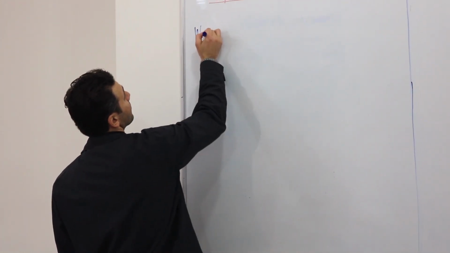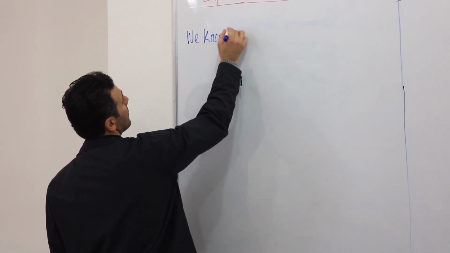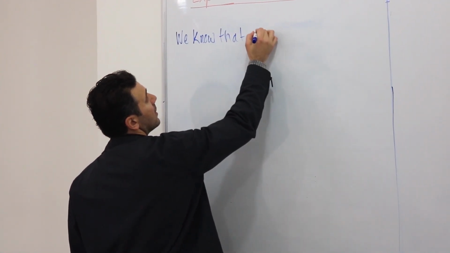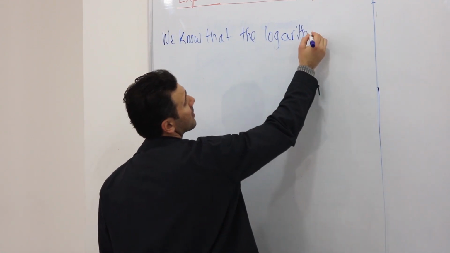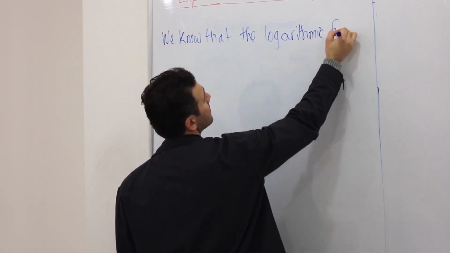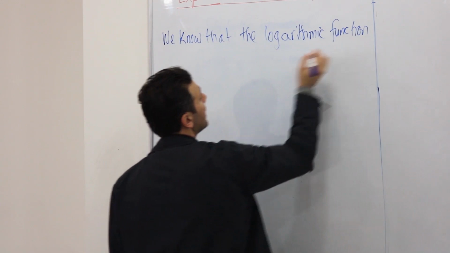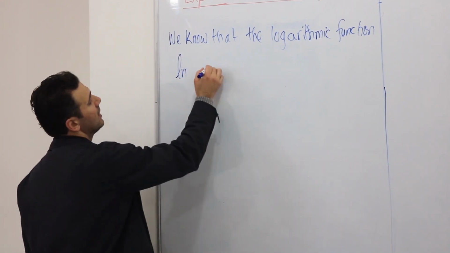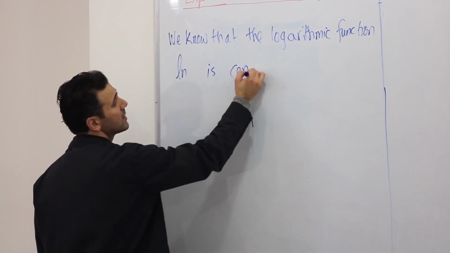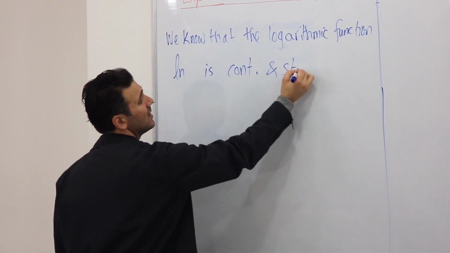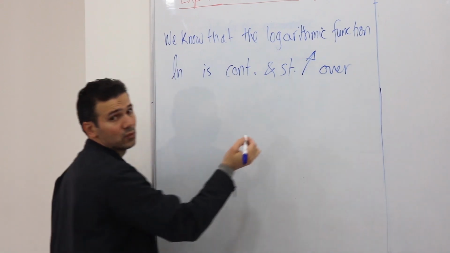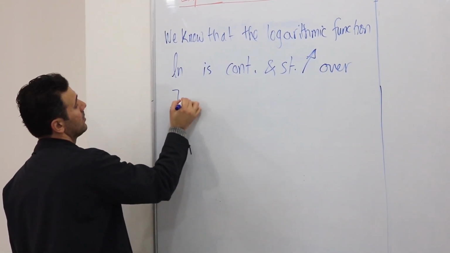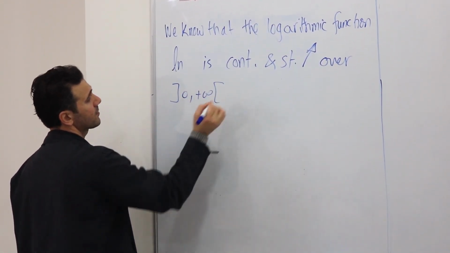We know that the logarithmic function, the Napierian logarithmic function, which is denoted by Ln, is continuous and strictly increasing over its domain, which is known 0 plus infinity.